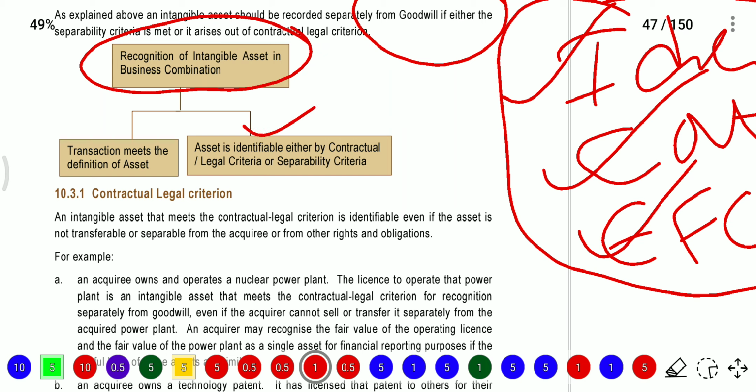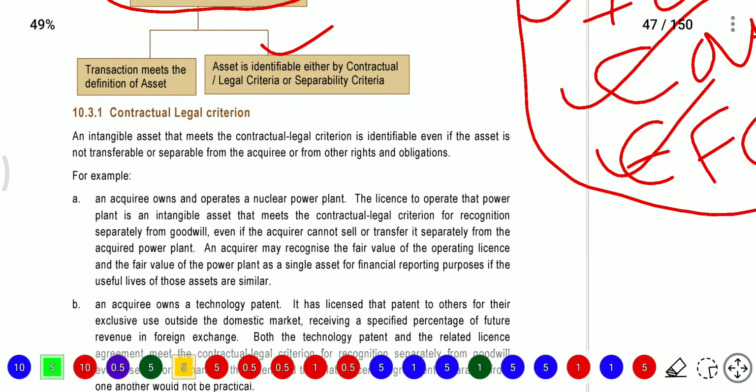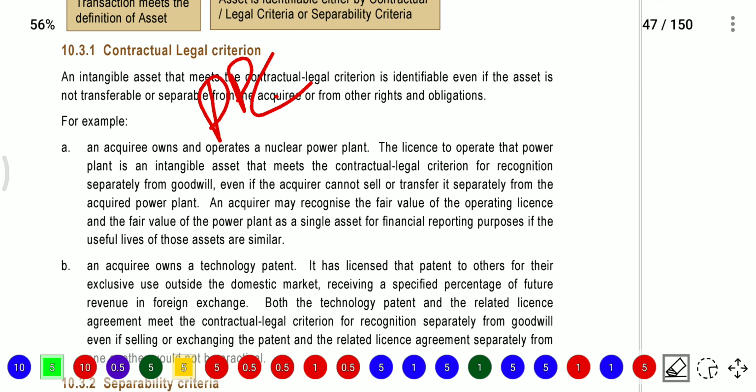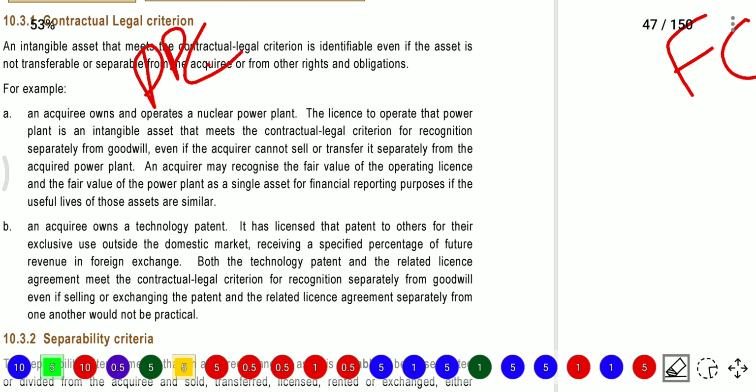Here they provided that it is identifiable either by contractual or legal criteria or separability criteria. For contractual legal criteria, for example, an acquirer owns and operates a nuclear power plant. Now the license to operate that power plant is an intangible asset.